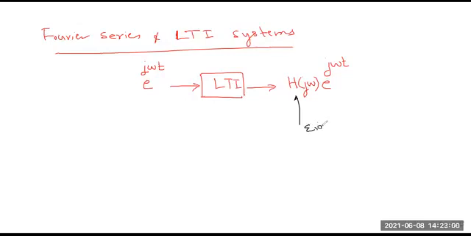Mathematically, we call it the eigenvalue, and in signals and systems language, we call it the frequency response of the system.